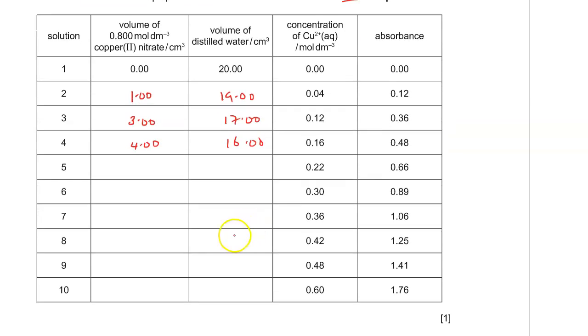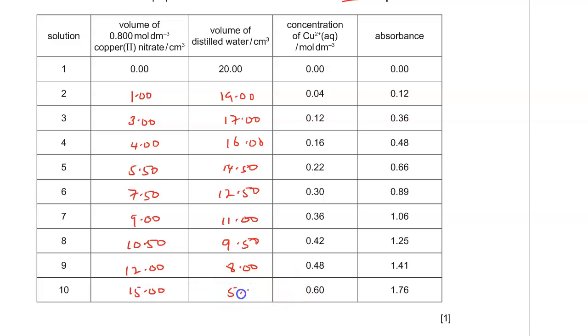Okay, can go for 5.50. This will be 14.5. 7.50, this will be 12.50. 9 will give us 11 amounts of water required. 10.50 will require this amount of water. 12.00 will require this amount of water. This will require 5 of water.